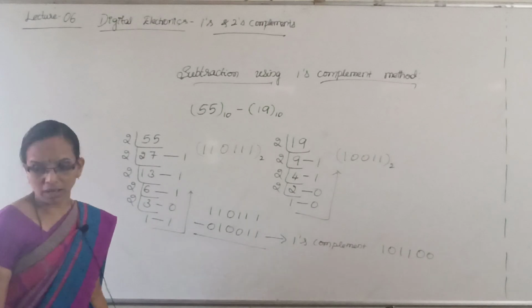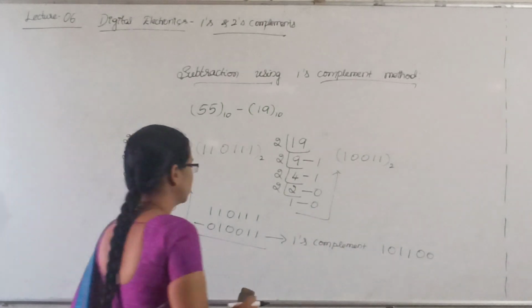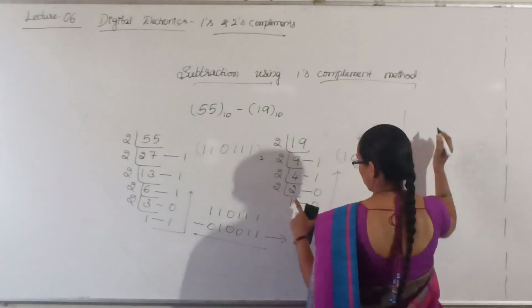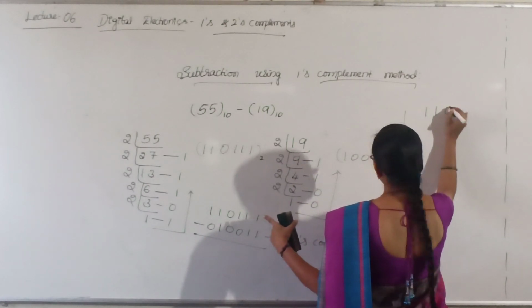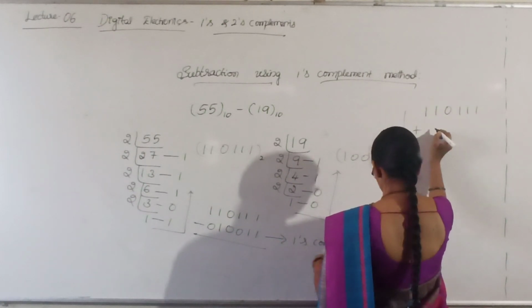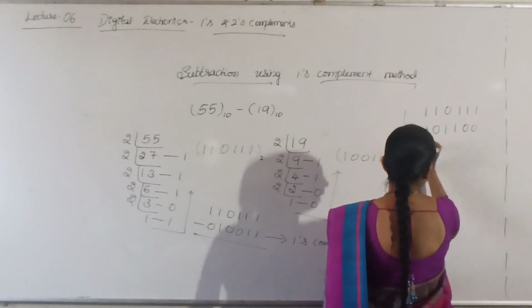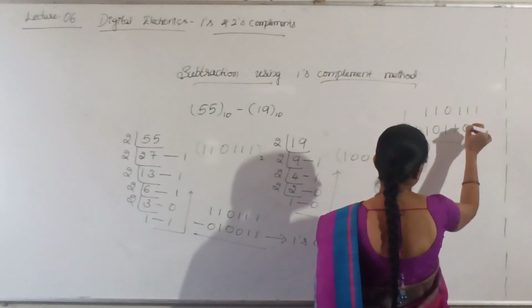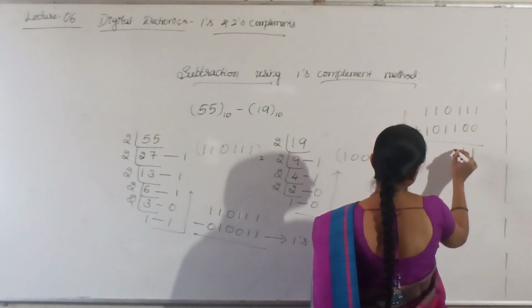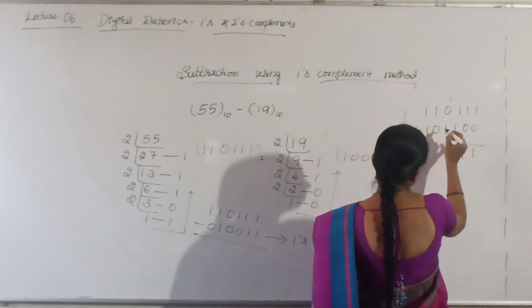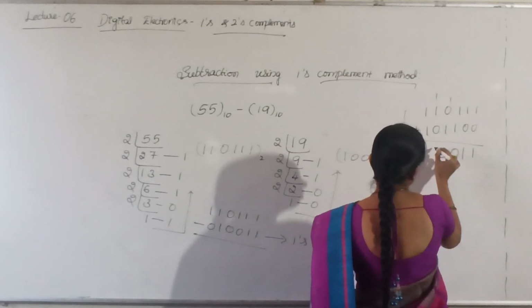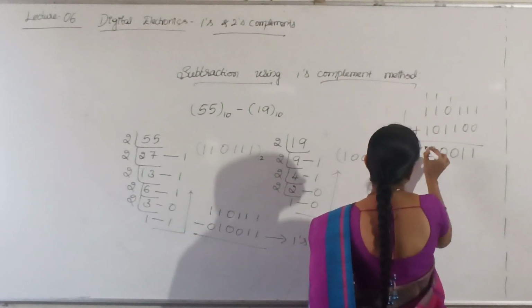So I have to add that: 110111 plus the 1's complement of the subtrahend. Add it: 1 plus 0 is 1, 1 plus 1 is 0 carry 1, 0 with carry 1, 1 plus 1 is 1 1.